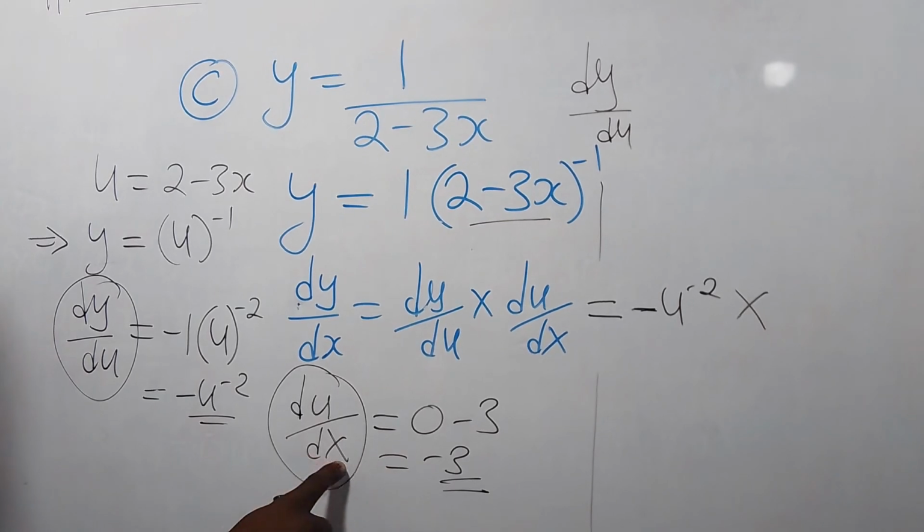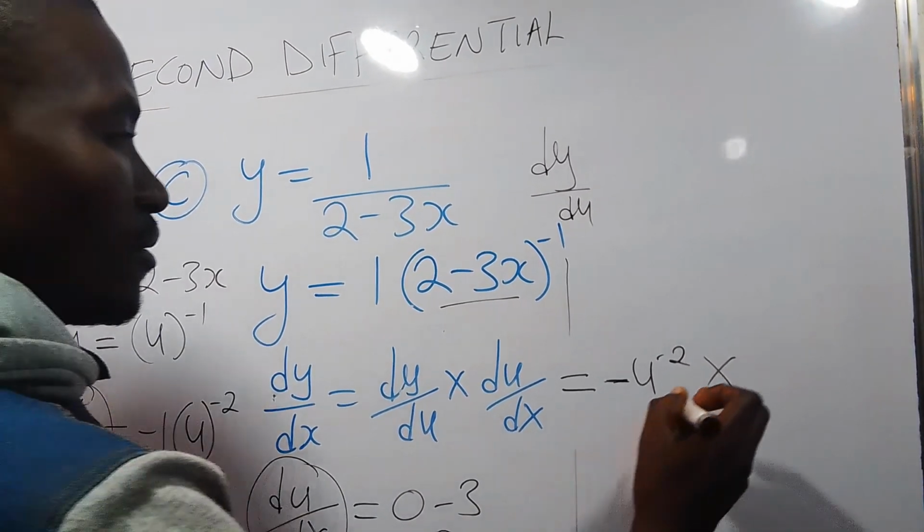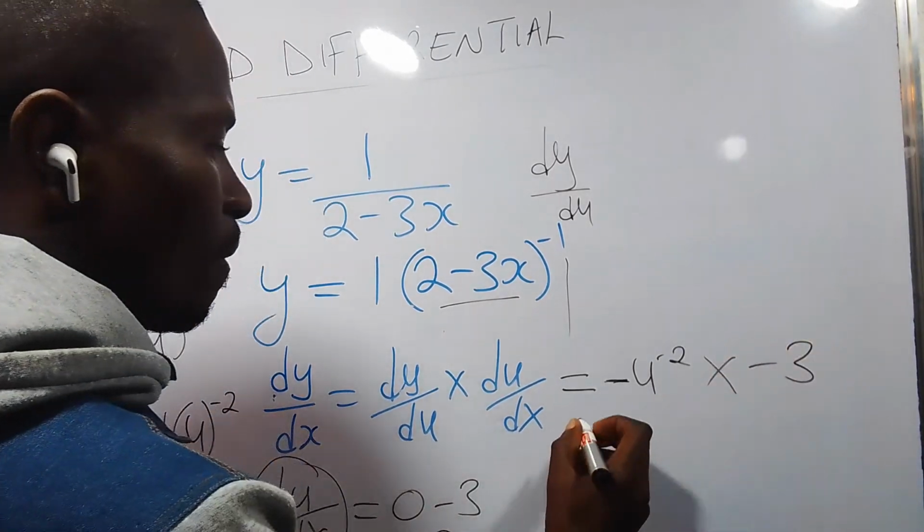So du over dx is just negative 3, so multiplied by negative 3.